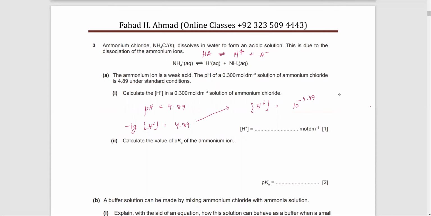What is the value that we're getting? Is it 1.29 times 10 to the power negative 5? 1.29 times 10 to the power negative 5, it looks fine.